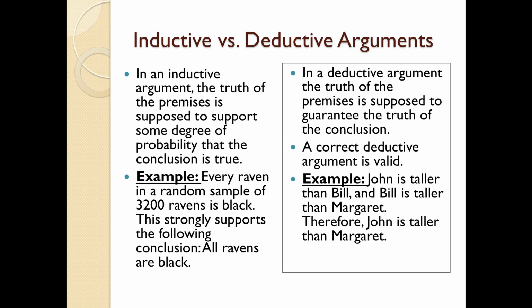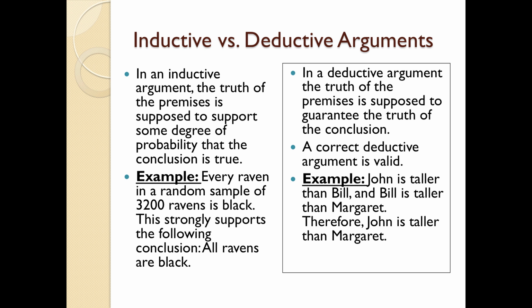This strongly supports the following conclusion: all ravens are black. What I want you to notice here is the conclusion is supported by the premise, but it's not absolute, because you cannot prove an inductive argument to be absolutely true.